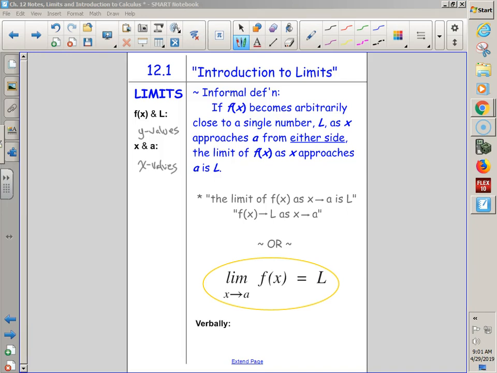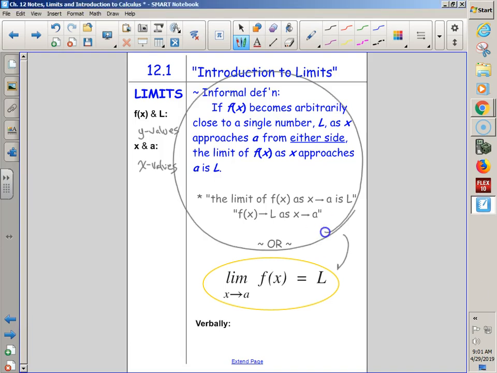Okay, that's a summary of that. Because the limit means f of x is getting closer and closer. f of x is approaching L as x approaches a. And then what's this? The formula, so all of this is encapsulated right there.